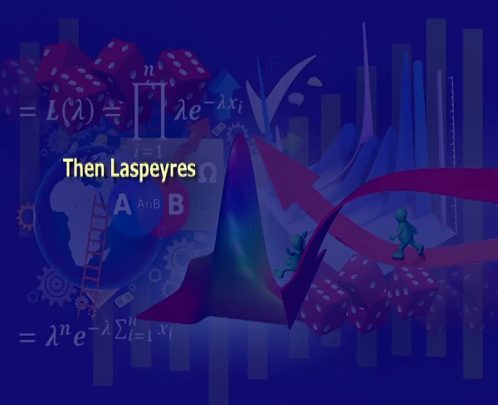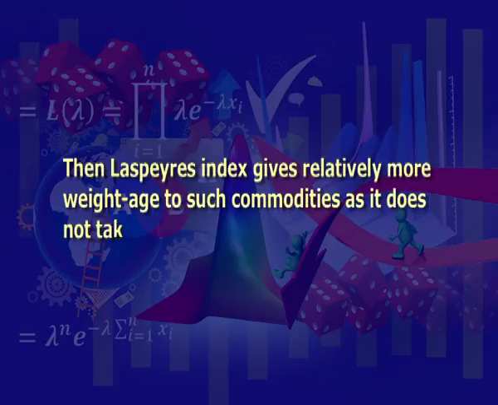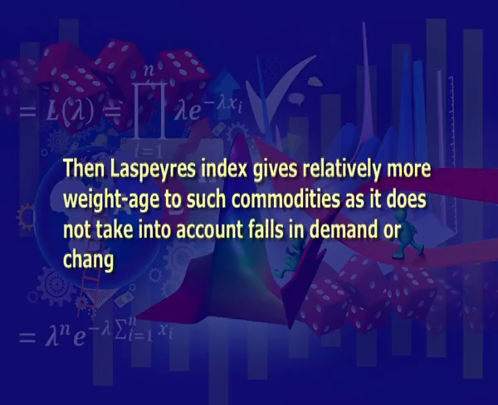If the consumption of some of the commodities decreases in the current year due to rise in their prices or due to changes in the habits, tastes and customs of the people, then Laspeyres index gives relatively more weightage to such commodities as it does not take into account falls in demand or changes in output. The numerator in the formula is relatively larger.